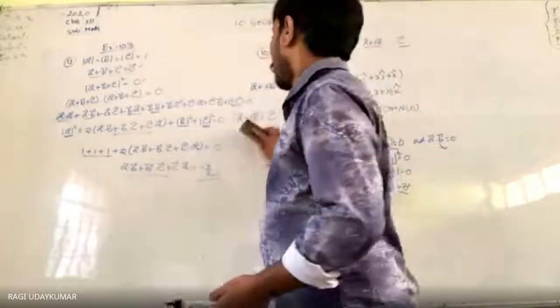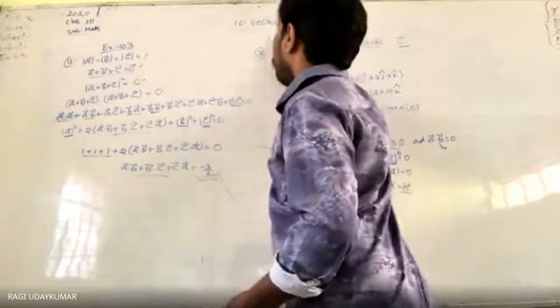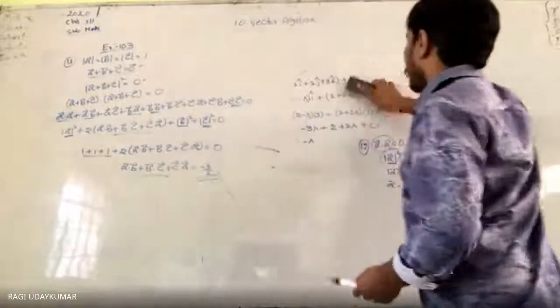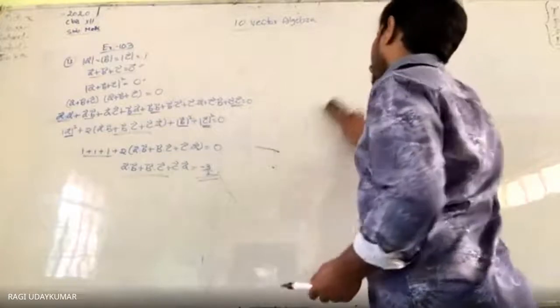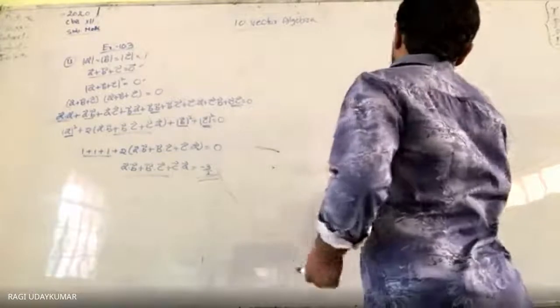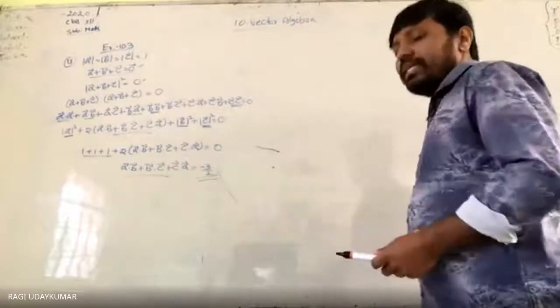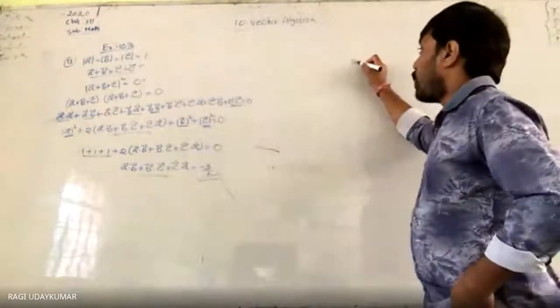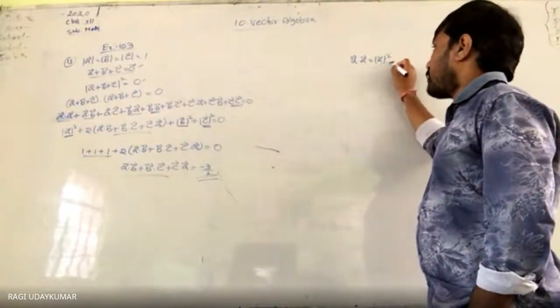So be careful here. Once again, you see here the important question. The idea is simple, there is nothing much in it. But the question is in what way it is framed. Mostly the students may not get the idea. So do remember that when you find the dot product, this is very important.